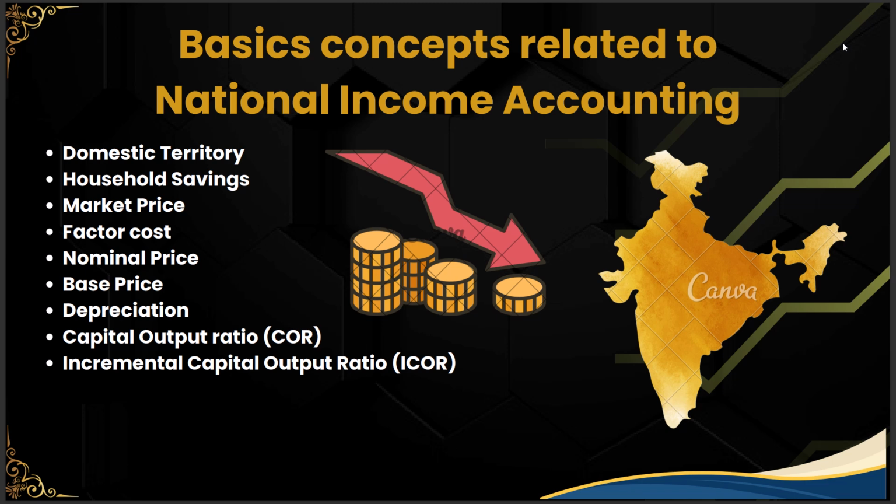Next is depreciation. See, it's nothing but the consumption of fixed capital. You might get confused. What is that? See, when you buy equipment, automobiles, tools, machinery, after every year the tools get depreciated by a certain amount, which might be due to wear and tear, accidental damages, or obsolescence, whatever it may be.